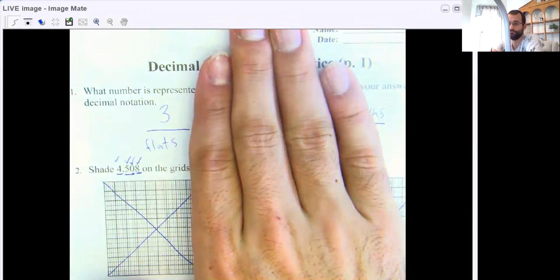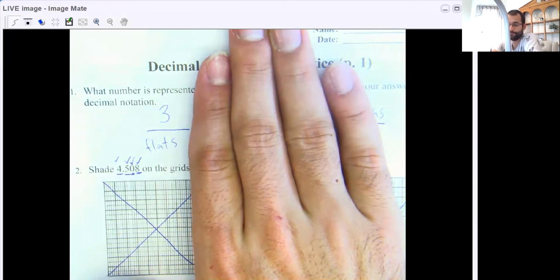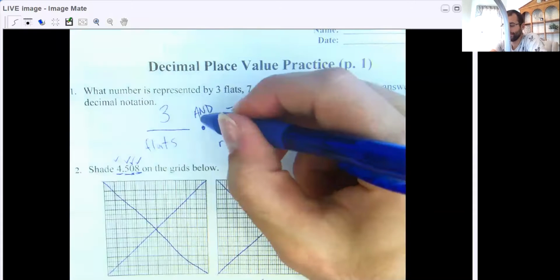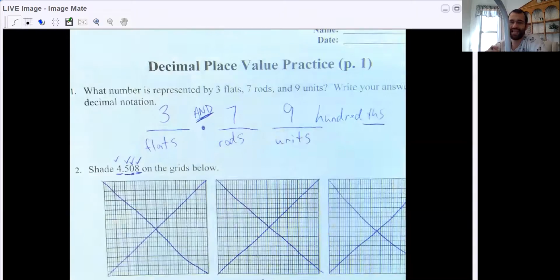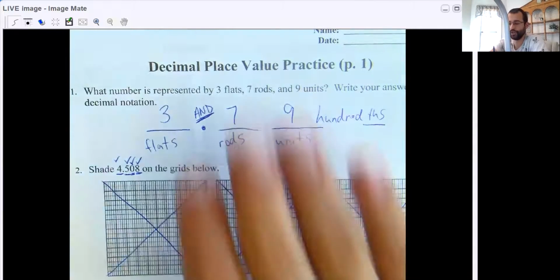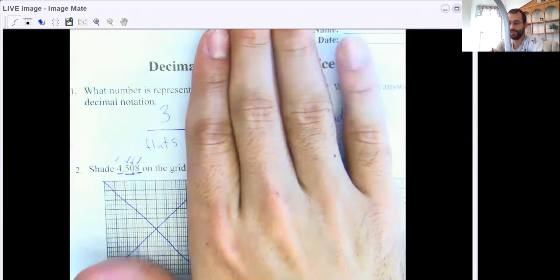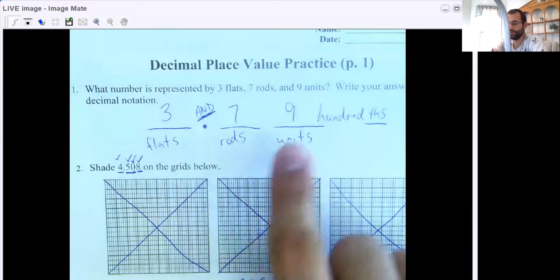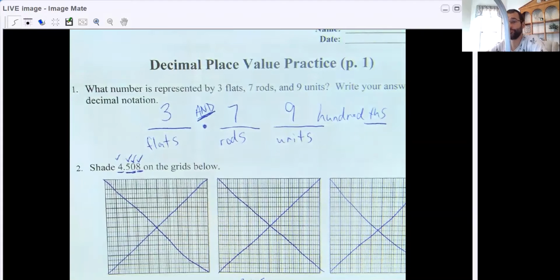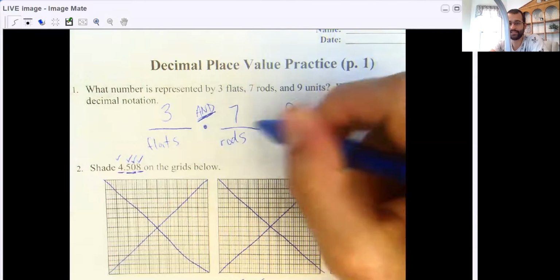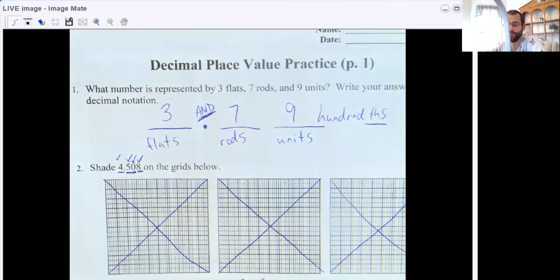So that's 3. You're just going to say 3. Okay? Then your decimal is the word and. So you're going to say 3 and, and you're going to say then the whole number after the decimal. So 3 and 79.